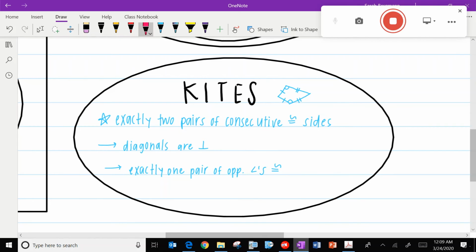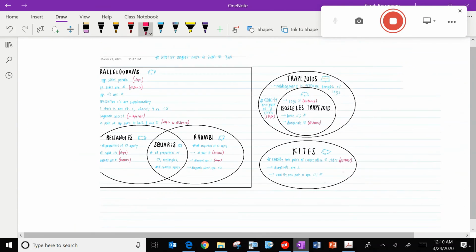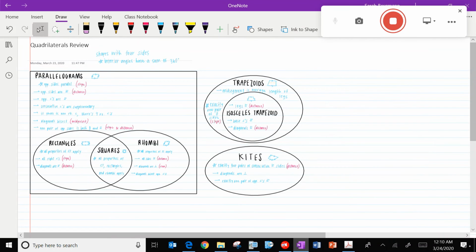In order to prove that a quadrilateral is a kite on a coordinate plane, you would want to show that exactly two pairs of consecutive sides are congruent. In order to show sides congruent, you would use distance formula. Okay, so there are all of our types of quadrilaterals.